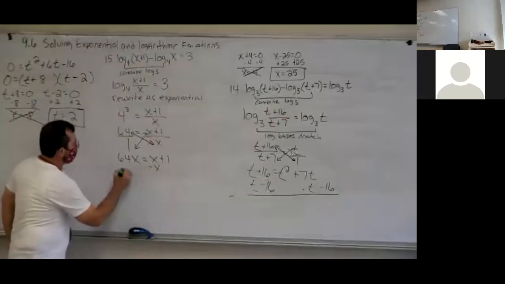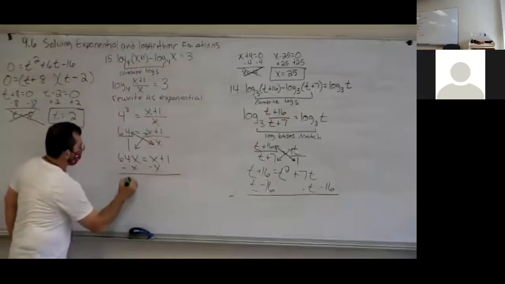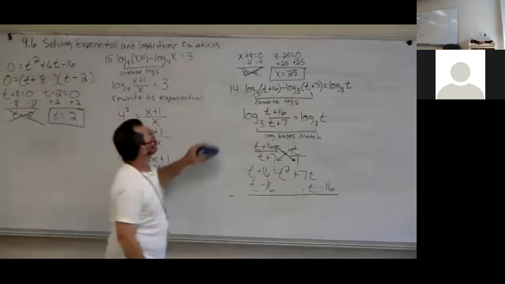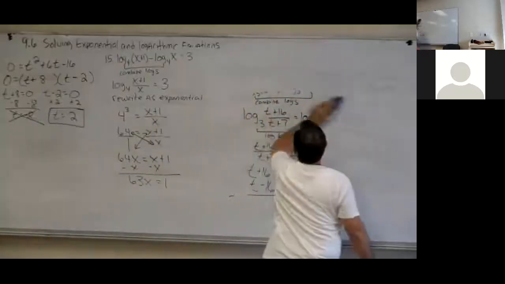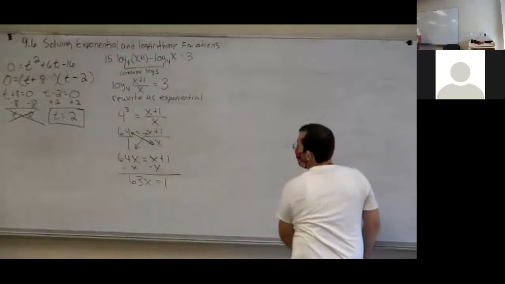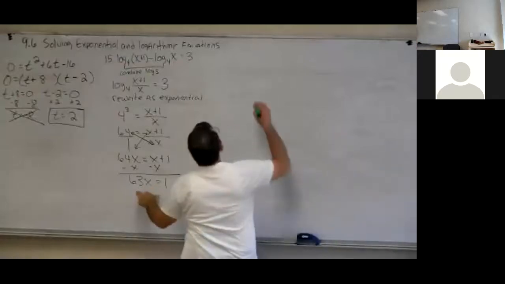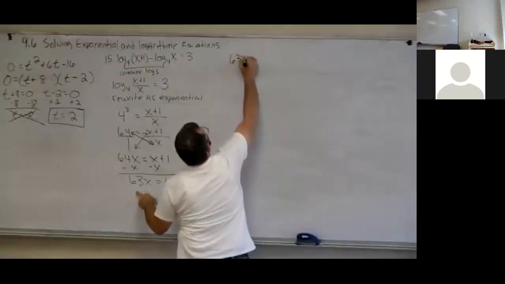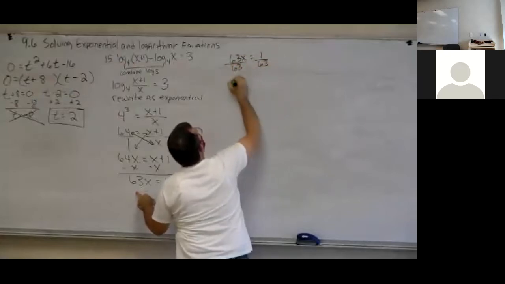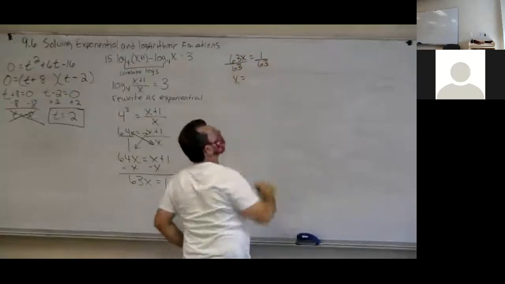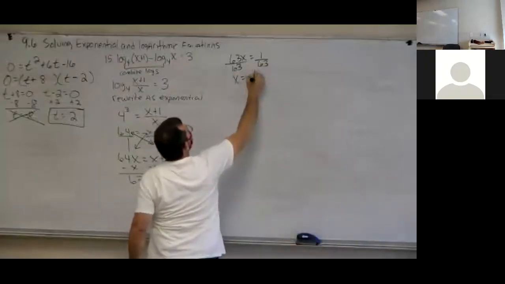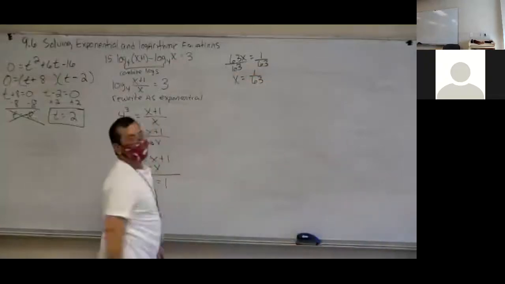So I'm going to subtract an x from both sides, and I get 63 x's equals 1. And then divide both sides by 63. That cancels. X equals. Well, you can't reduce that any further, can you? That's just going to stay 1 over 63.